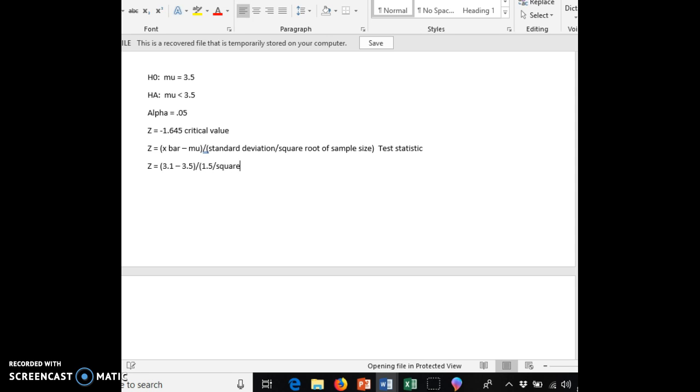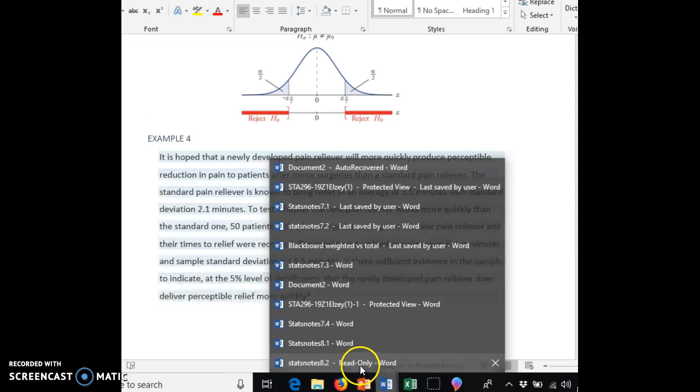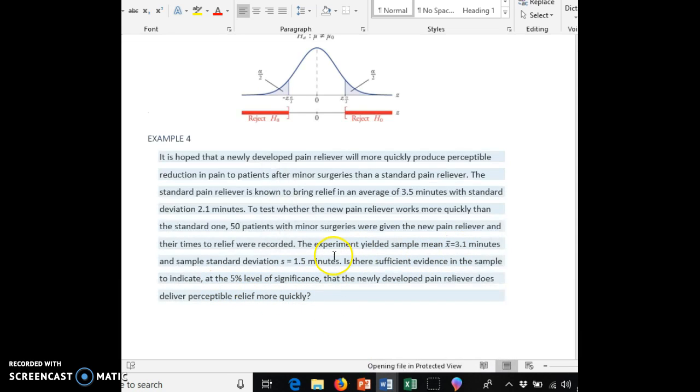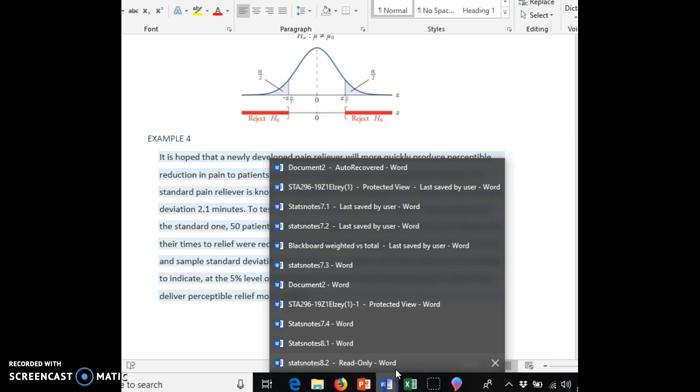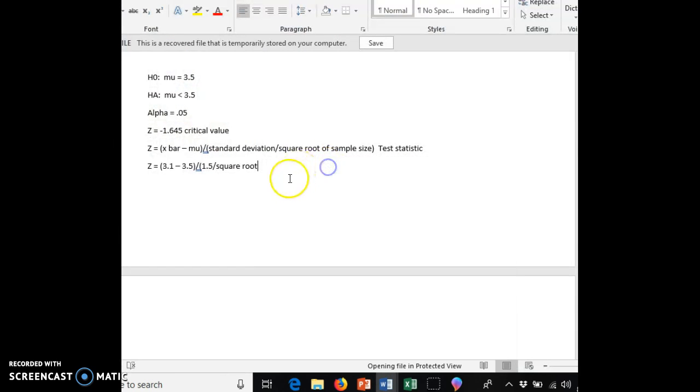And we want to divide by the square root of our sample size, which if we look back, there were 50 patients recorded in this sample. So we want to divide by the square root of 50. All right, so let's stick that into our calculator and see what we get.